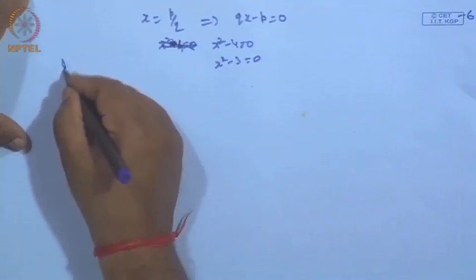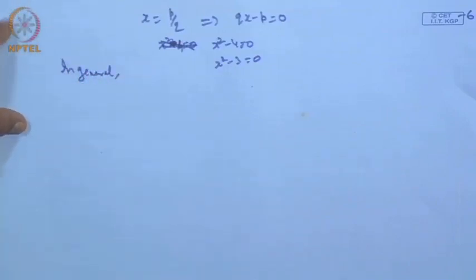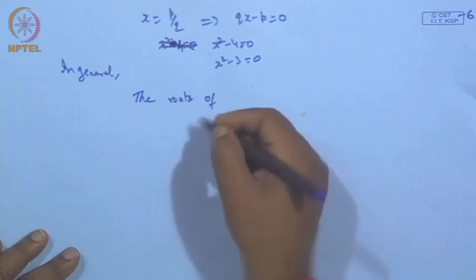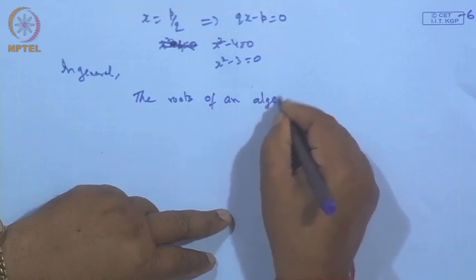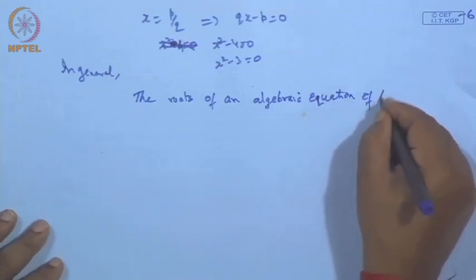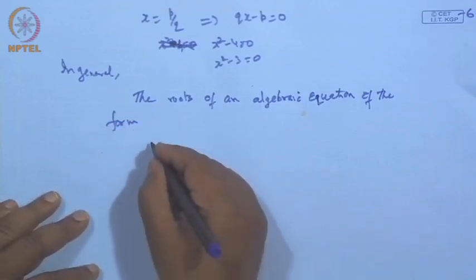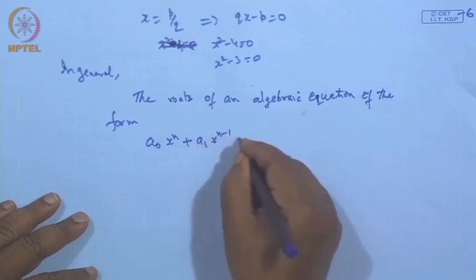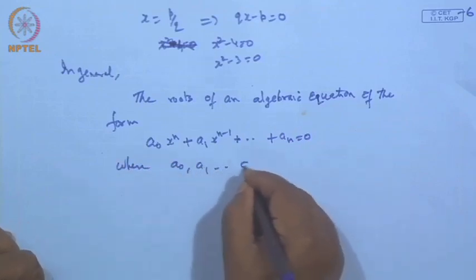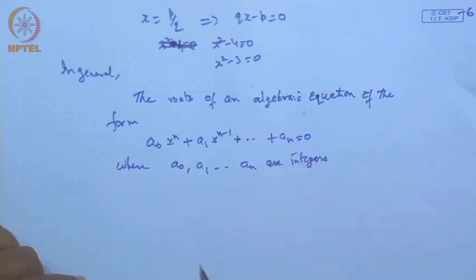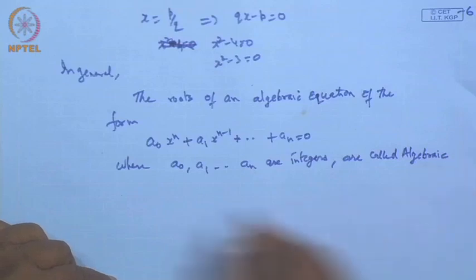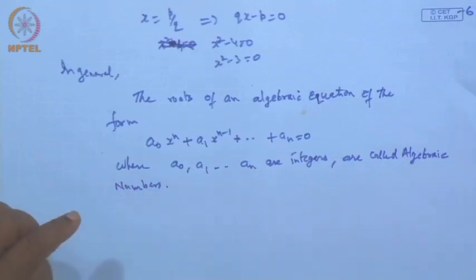So, in general, we can say that the roots of an algebraic equation of the form a naught x to the power n plus a 1 x to the power n minus 1 plus ... plus a n equal to 0, where a naught, a 1, a 2, a n are integers, are called algebraic numbers.